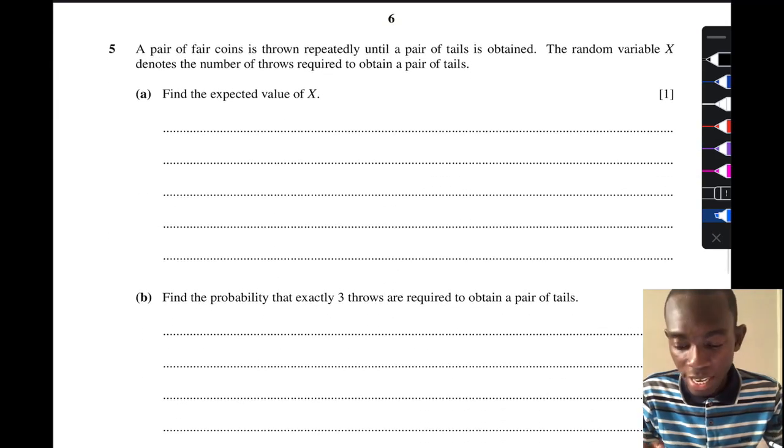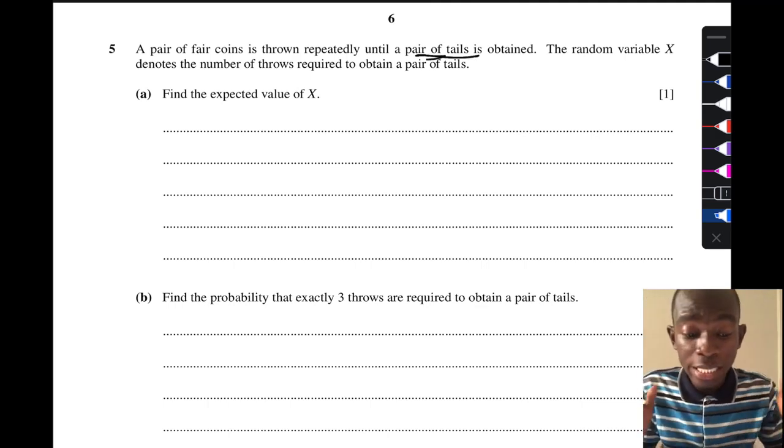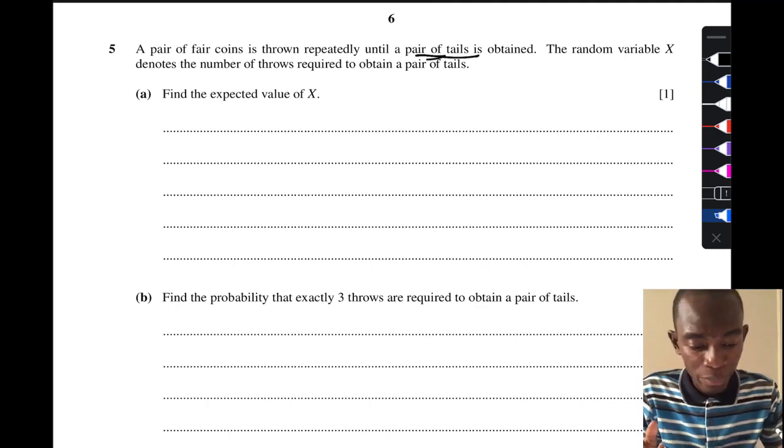Another year, they said that a pair of fair coins is thrown repeatedly until a pair of tails is obtained. So now you want to get a pair of tails, TT.